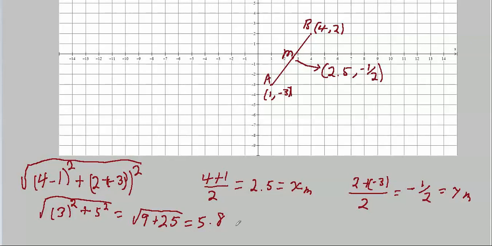Does that make sense? Always take a quick look at your answers when you're doing these things to see if your answers make any sense. For instance, if I got 58 or 9.3, well, we'll go back and look at the actual numbers and see if that makes any kind of sense. Does it? Well, let's see here. We've got an x-coordinate of 1 here and 4 here. So we've got 3 units this way.